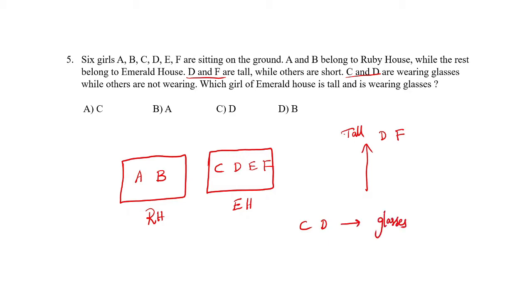What is the question? Which girl of Emerald house is tall and is wearing glasses? See here, which is common in these two? D is common. Is this D present in Emerald house or not? Yes. D is present in Emerald house. So, the answer is D. Option C.